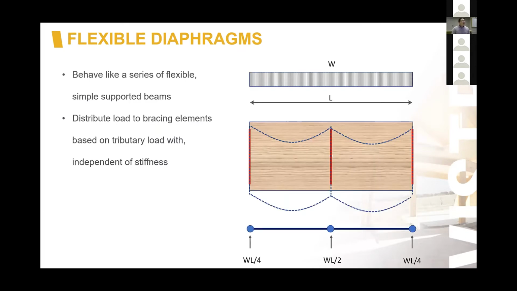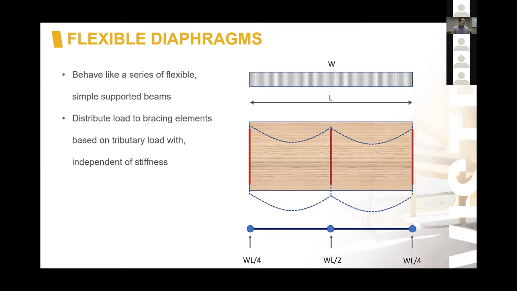When it comes to diaphragms, there's a number of different ways of delineating between different types of diaphragms, and the first one is flexible diaphragms. By definition, they act, as the name suggests, quite flexibly.